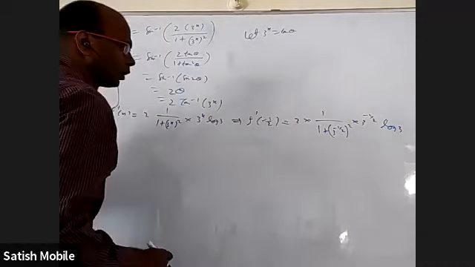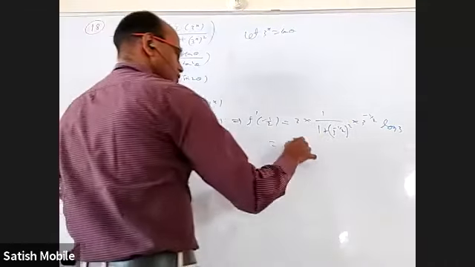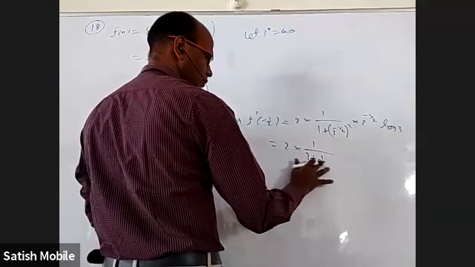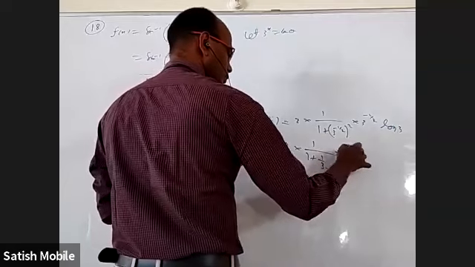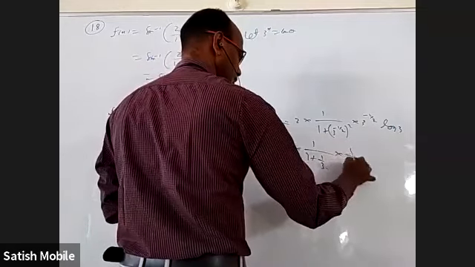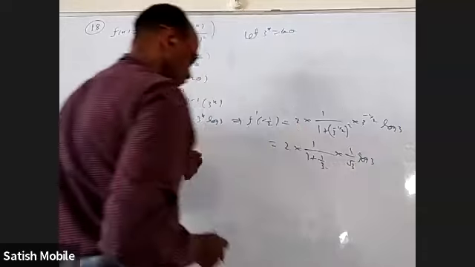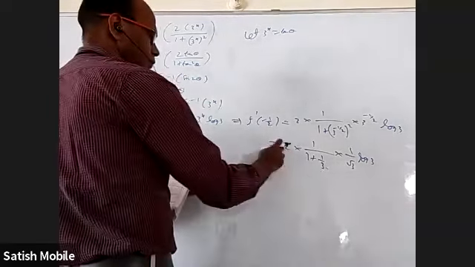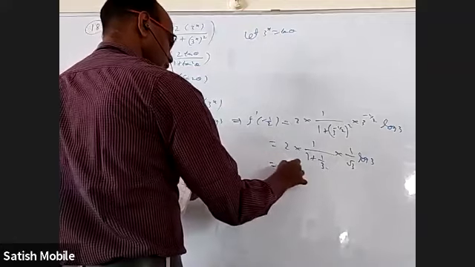Okay. Now 3 power minus half is 1 by root 3, whole square, which is 1 by 3, into 1 by root 3 log 3. This is 4 by 3. 2 will cancel. You will get root 3 by 2 log 3.